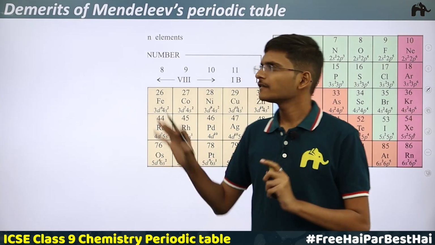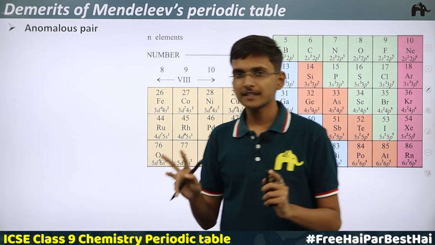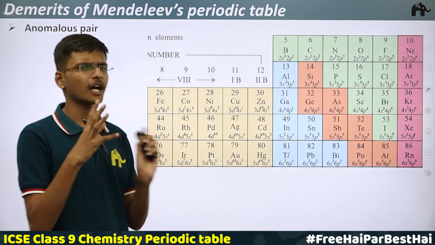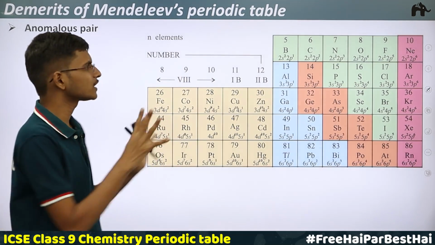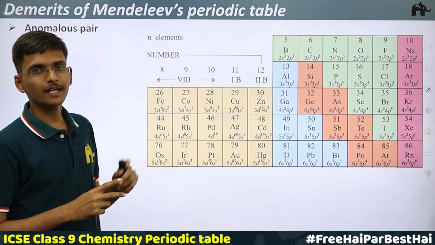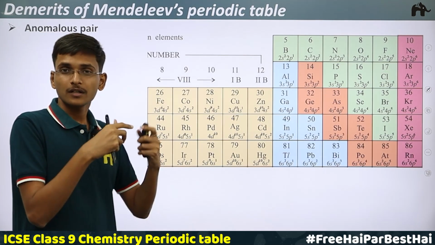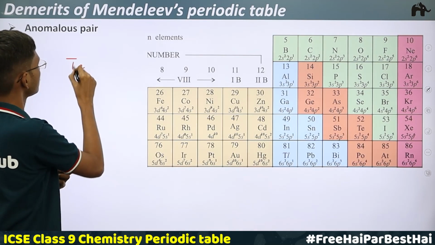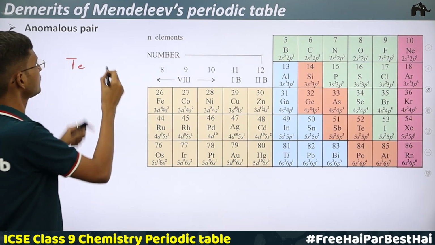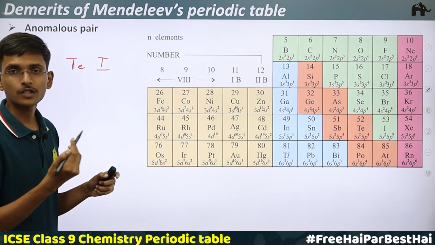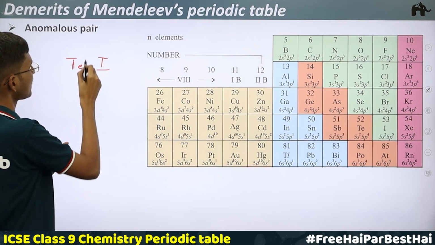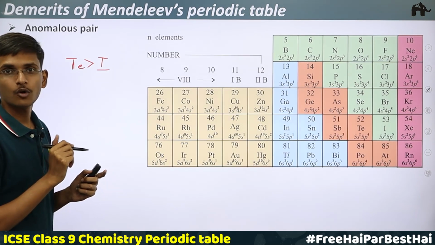So the very first demerit was anomalous pairs: the cobalt and nickel anomalous pair, as well as the tellurium and iodine anomalous pair. Now have a look at the modern periodic table. As per Mendeleev's periodic table, initially tellurium was given the position, and after tellurium iodine was given the position, though tellurium's atomic mass was higher than that of iodine.